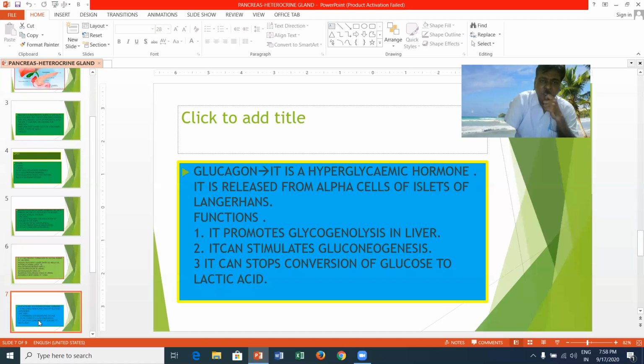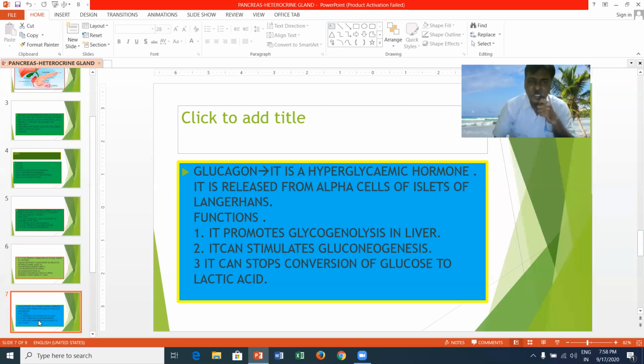Here you can see the glucagon. Glucagon is also a polypeptide. It has an antagonistic effect to insulin. It is a hyperglycemic hormone, whereas insulin is a hypoglycemic hormone.